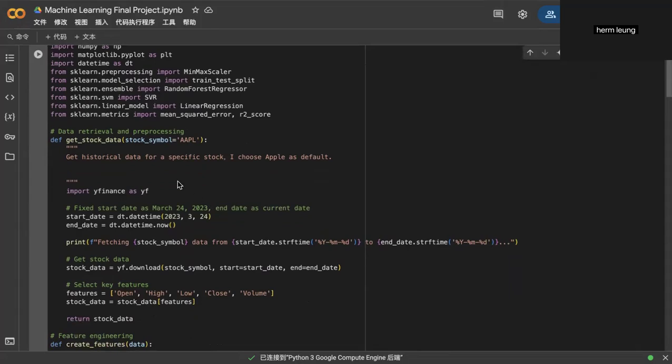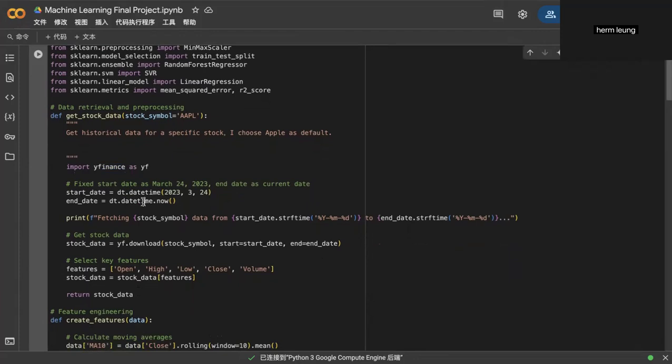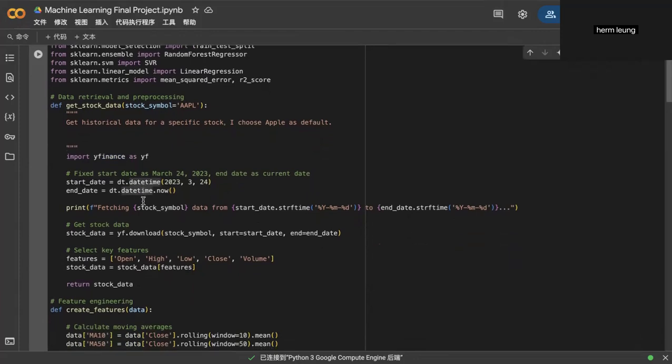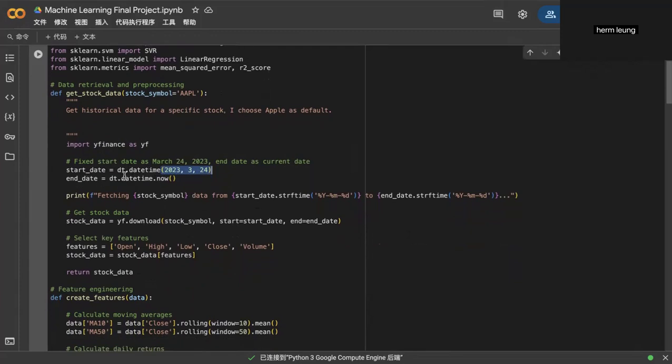I use yfinance, which is an open source tool that uses the Yahoo Finance publicly available API. This is a useful API to get some stock data, the history, and I set the start date at the day of 2 years ago, and the end date is today.